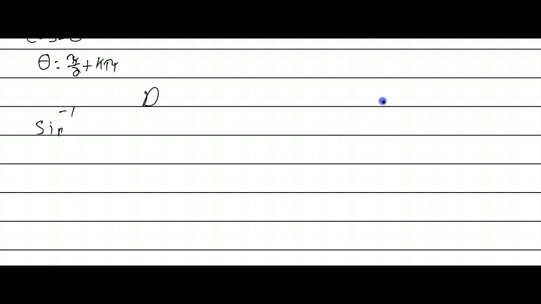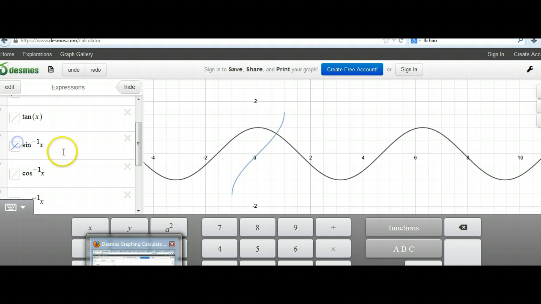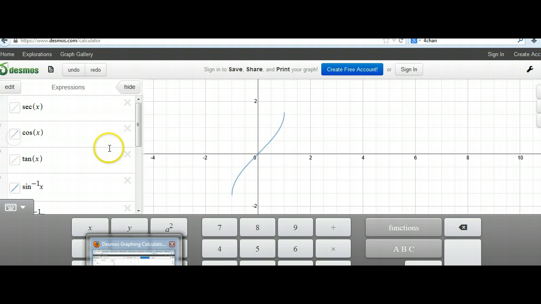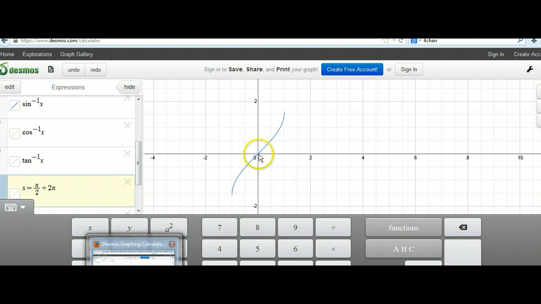So domain and range again. So let's look at the graph for sine inverse. This is the graph for sine inverse. All right, so you can tell.